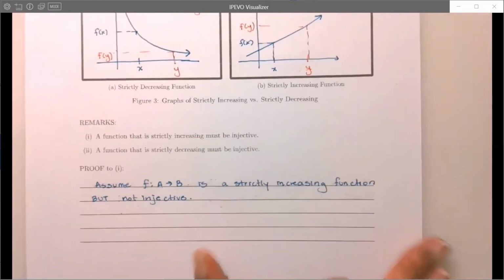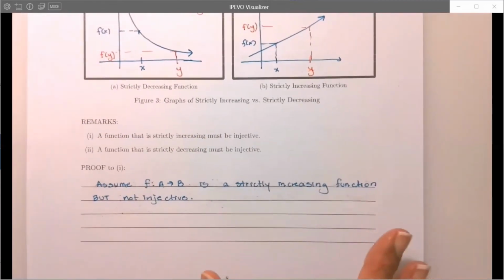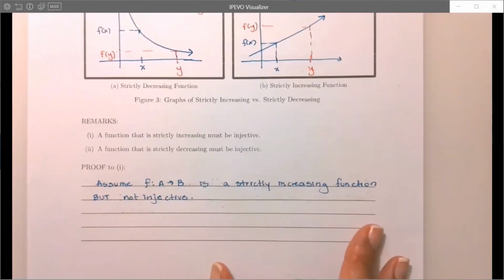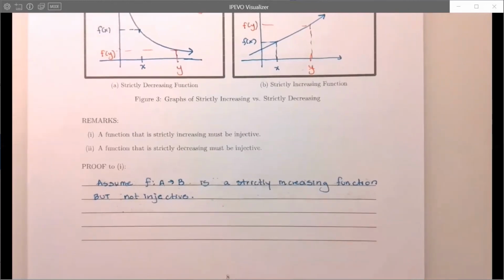Now what does that mean? If it's not injective, that means we have an element in the range, an image or output, that corresponds to two different pre-images or two different inputs.